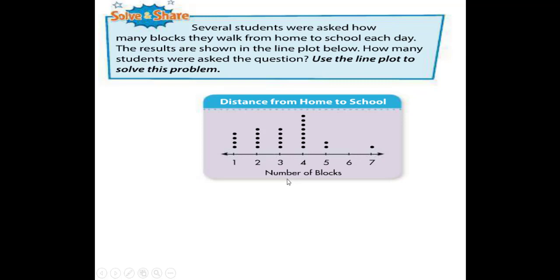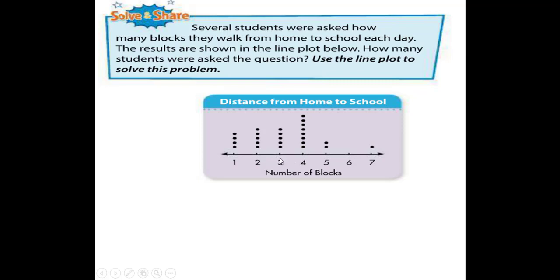Like, most of the students walk how many blocks? It's shown here by the highest column. This is 8 students, 8 dots. So this is the most repeated value, and they may also ask about this.